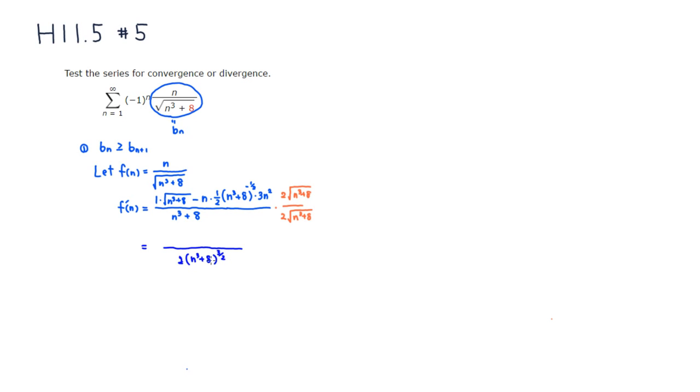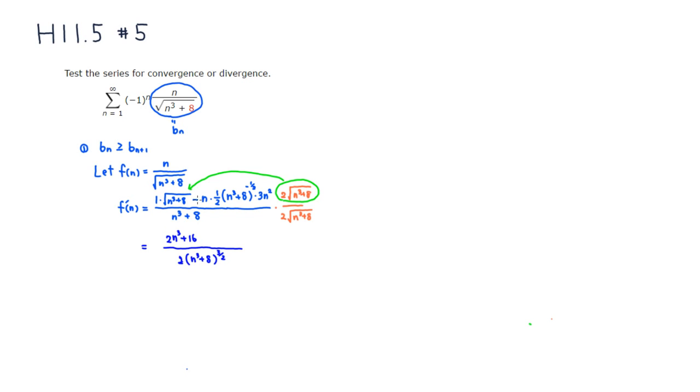Then we distribute: the square root is gone, so you have 2n cubed plus 16. All I did was distribute this to the first term.